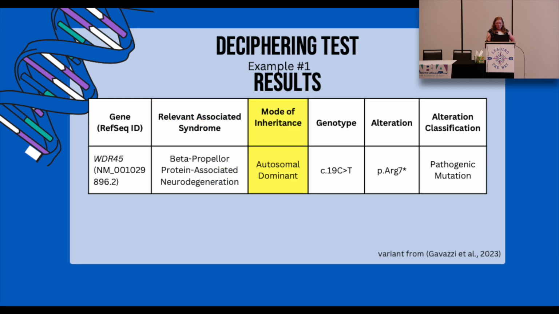The next part will say what the mode of inheritance is. And in this case, I messed this up. It should say X-linked. I was copying from the original example that I was going to do. But it should say X-linked for beta-propeller protein-associated neurodegeneration. It will also say whether the change is heterozygous or homozygous.